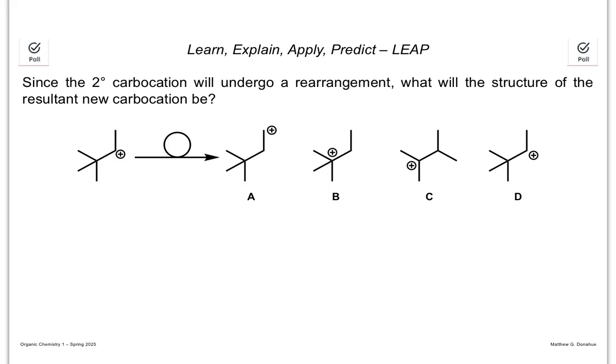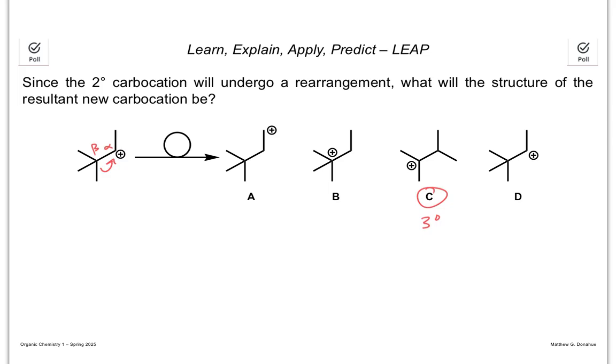When it does rearrange, the methyl group from that beta carbon is going to shift. So when that whole thing moves over, that carbocation then has to migrate. And so C will be our tertiary carbocation. D as in dog is what we're starting with.